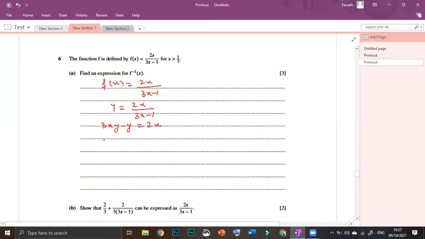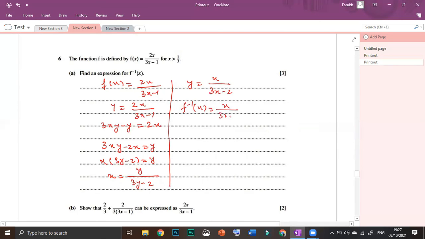Now we will make x the subject. Now we will interchange x and y, which is the main concept of the inverse. f inverse of x is equal to x over 3x minus 2 is the final answer.